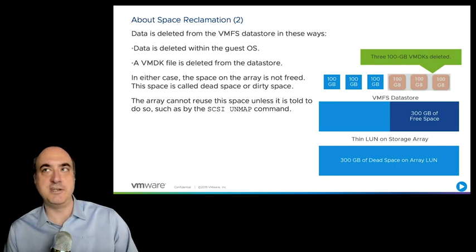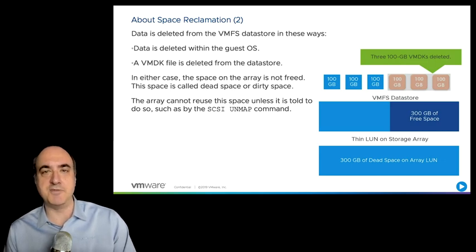With thin LUN provisioning, that doesn't happen automatically. Basically, data might get deleted within the guest OS. If that was a thin virtual disk, would that be something that we could reclaim at the virtual disk level? If a virtual disk file is deleted from the datastore, would that be deleted by the underlying storage? In either case, the space in the array would not necessarily be freed. This is what we refer to as dead space.